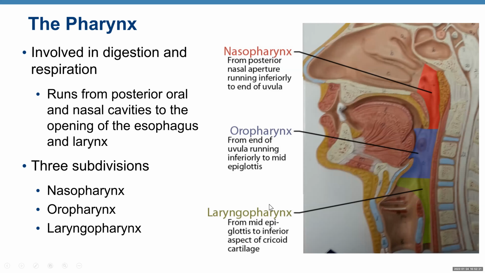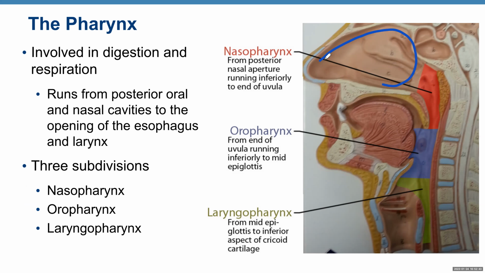Okay, so now we're moving to the pharynx. That is involved in digestion and respiration, runs from the posterior oral and nasal cavities to the opening of the esophagus and larynx, and is divided into 3 parts: nasopharynx, oropharynx, and laryngopharynx.